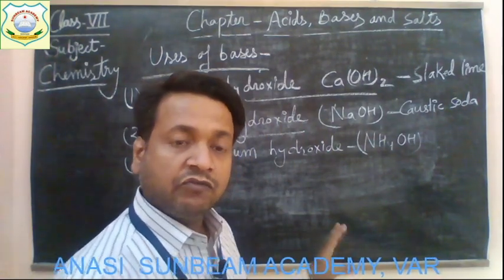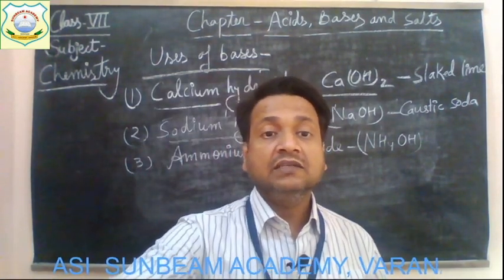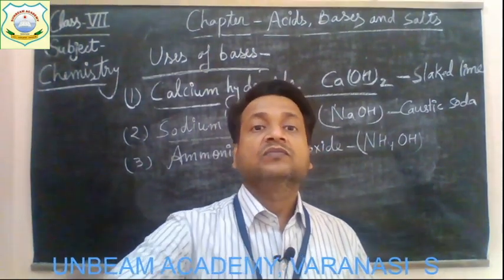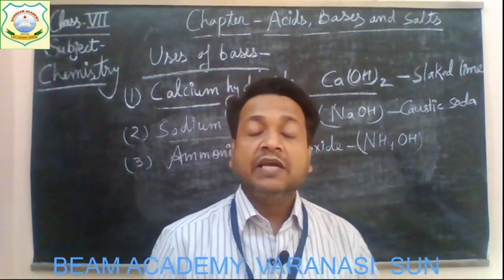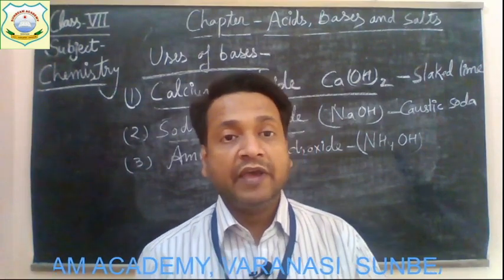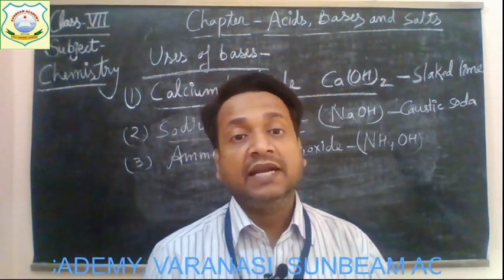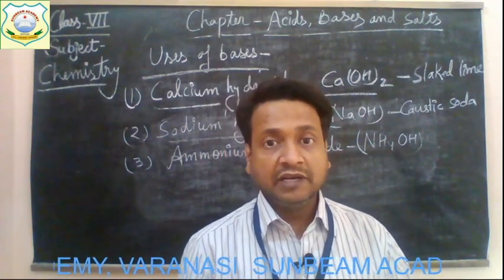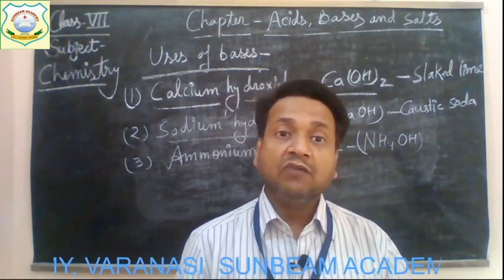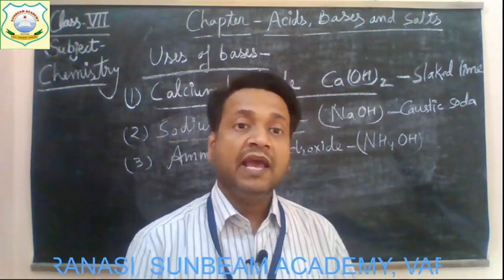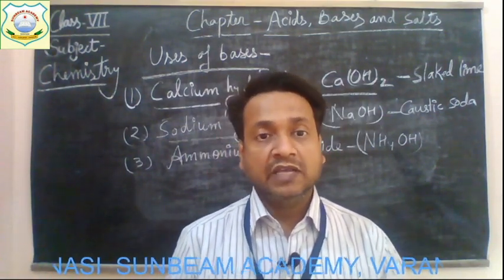Now, ammonium hydroxide is mainly used to manufacture fertilizers such as ammonium nitrate. Ammonium nitrate is a kind of fertilizer, and this fertilizer is manufactured with the help of ammonium hydroxide.